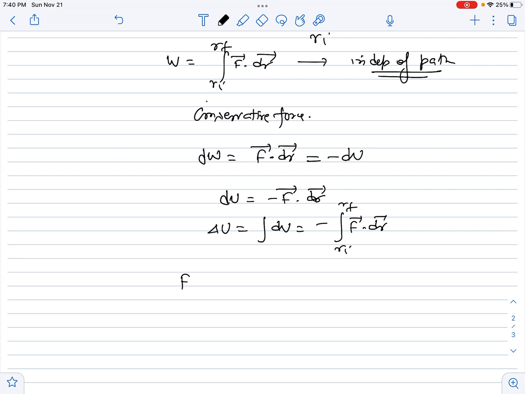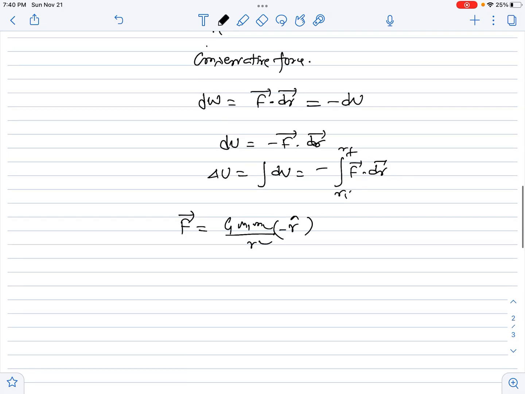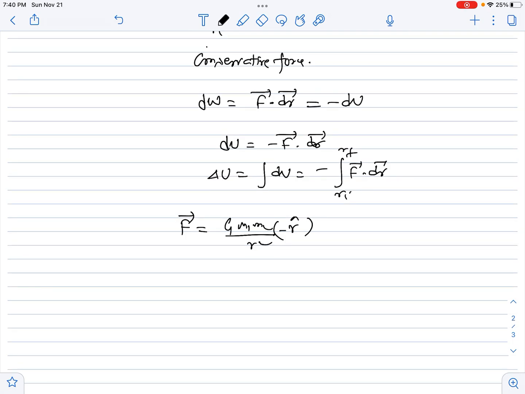Now, if I put in the value of the gravitational force, G m1 m2 by r square, which is obviously along the radially inward direction, and r cap is a unit vector from the point mass to the particle.